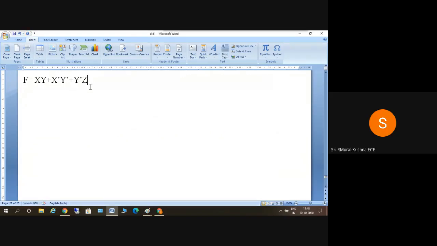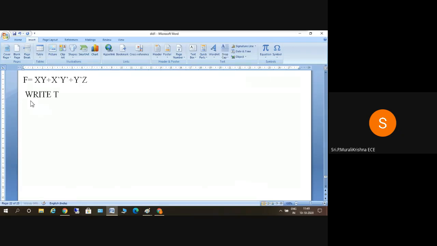Okay. Sometimes we'll be given some circuit diagram. You have to find this function and you have to draw the truth table. So we'll be given some logic diagram there. I'll draw the logic diagram. First of all, take down this problem.